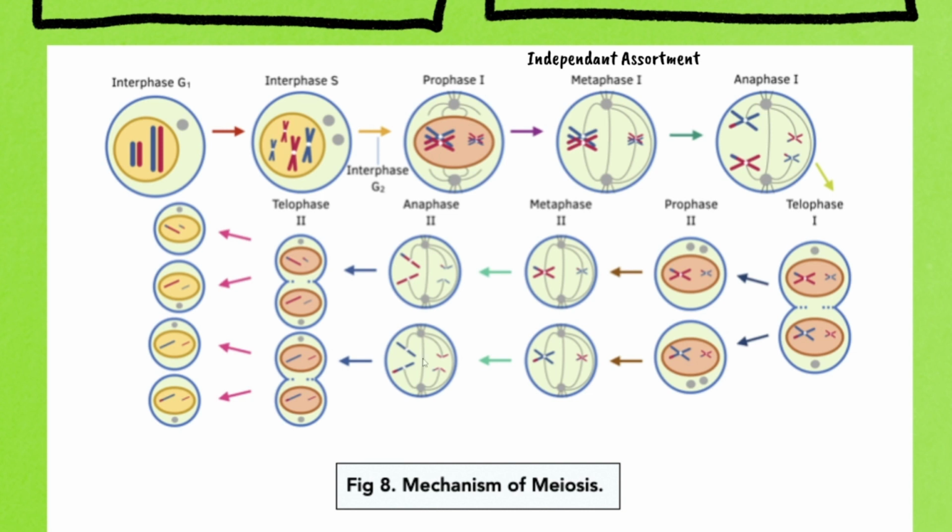So let's get into meiosis. We start from a diploid cell. After interphase G1, what is going on? Interphase S. We remember that replication occurs here.